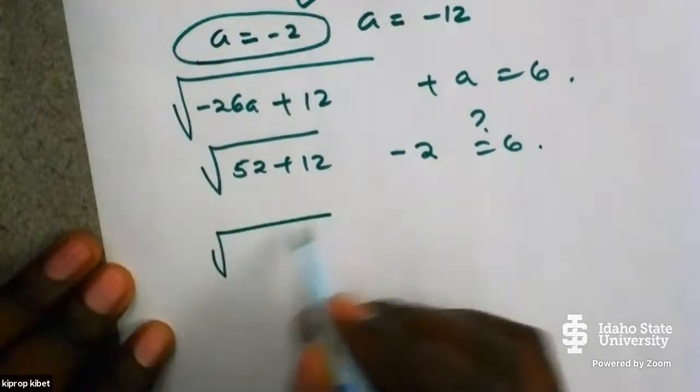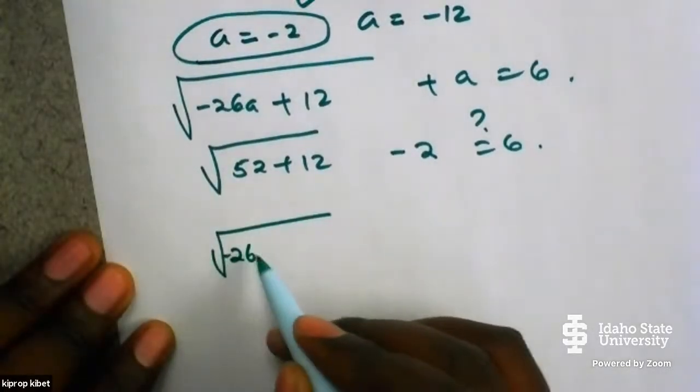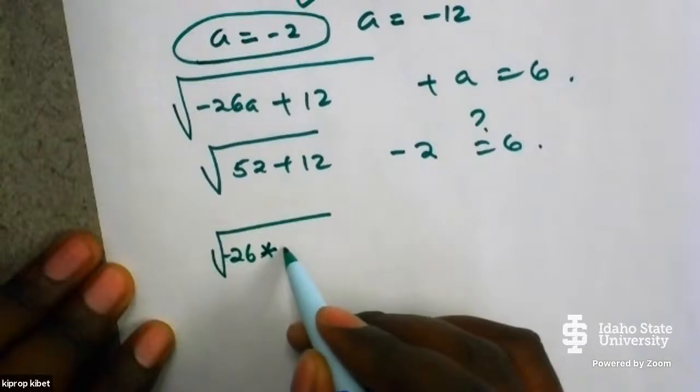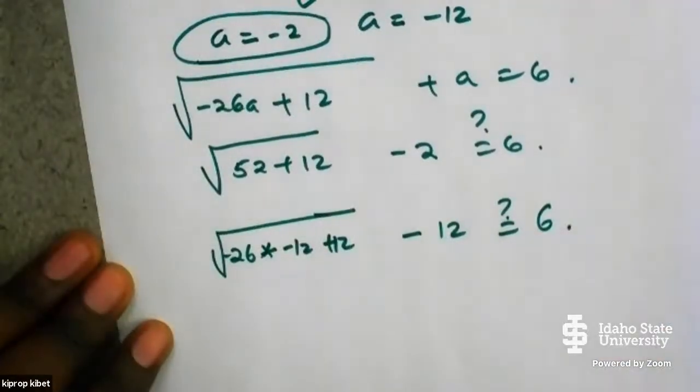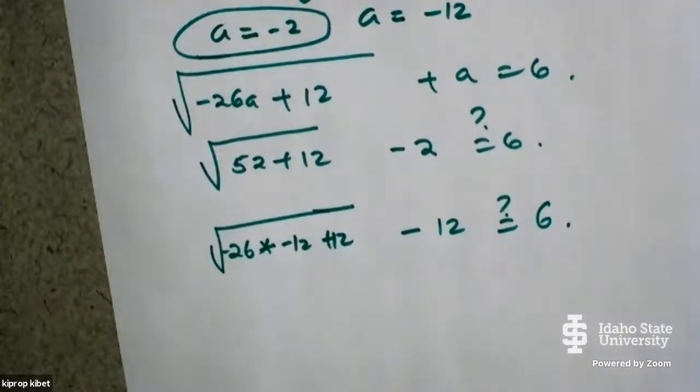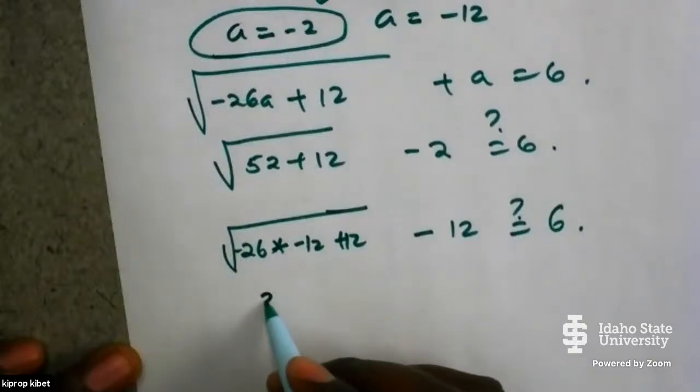So the square root of minus 26 multiplied by minus 12, plus 12, minus 12. Is it giving us 6? So 26 times 12 is what? Using your calculator, 26 times 12 is 312. So 312 plus 12 is 324.